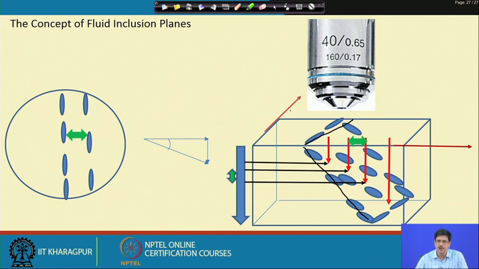So, this fluid inclusion plane, in terms of its attitude, that is the depth and the direction, can be very well ascertained if we have a graduated microscope adjustment knob with a scale, which could be very well calibrated, and the measurement can be done taking into account the least count or the kind of error which is involved in it.